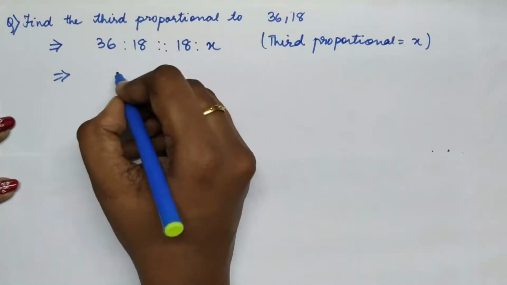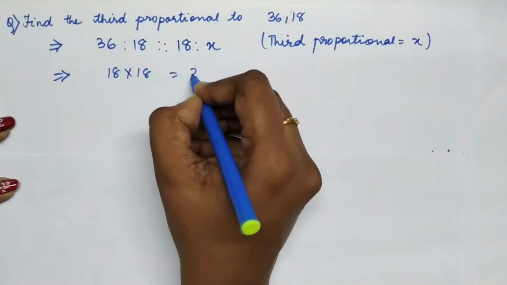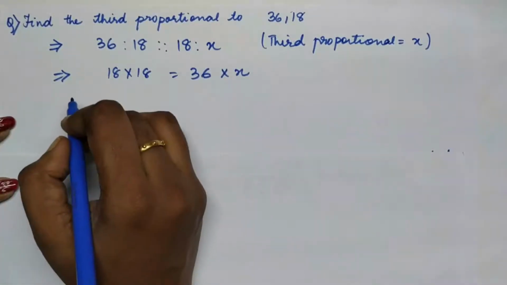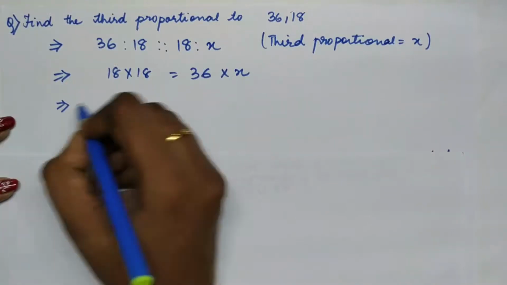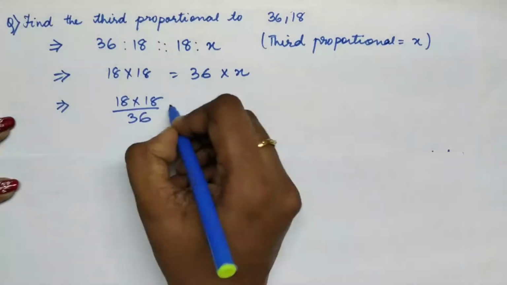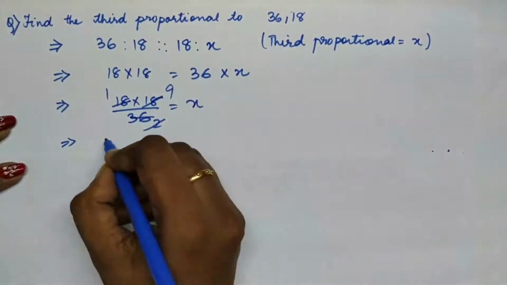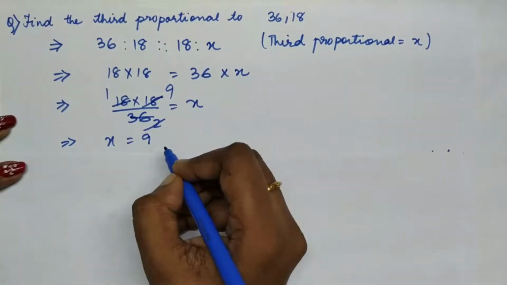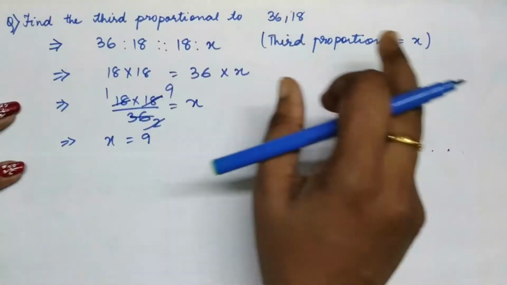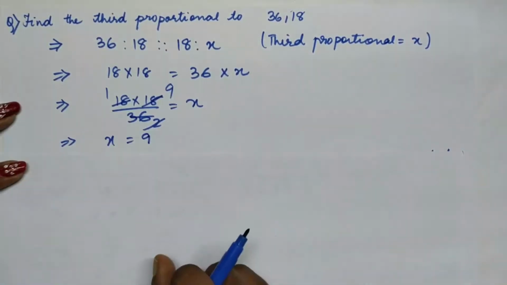You know that 18 into 18 will be equal to 36 into x. Why? Product of extremes is equal to product of means. So to get x, I have to divide this number by 36, and you can cancel it. So my value of x is equal to 9. If you have been given 2 terms, you can get the third proportional by taking it as x and repeating the second term. This is continued proportion.